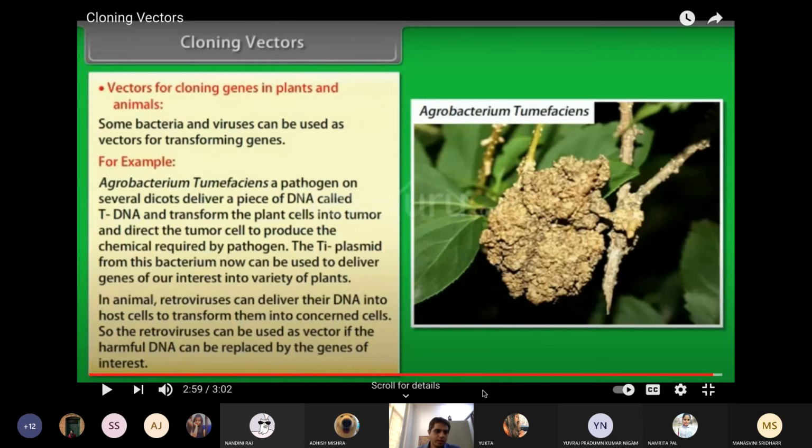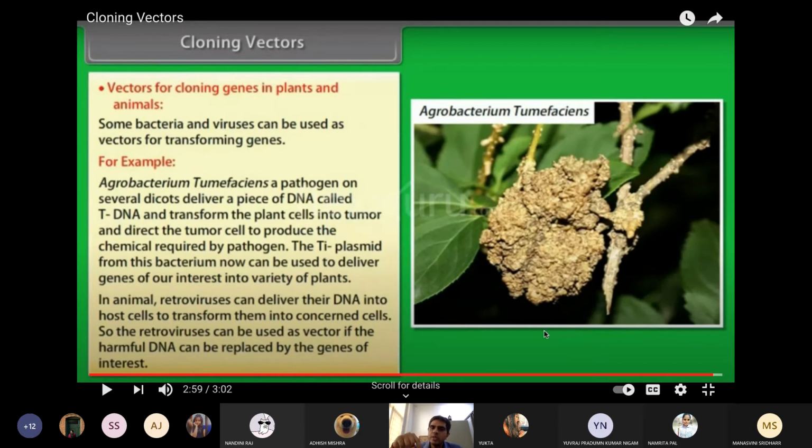Okay, so these slides tell you how important these vectors are, and depending upon your host where you want to transfer your gene, you have to change your vector. As a single vehicle can't do all the jobs, here also a single vector can't do all the jobs. So depending upon our requirement, we keep on changing our vector.